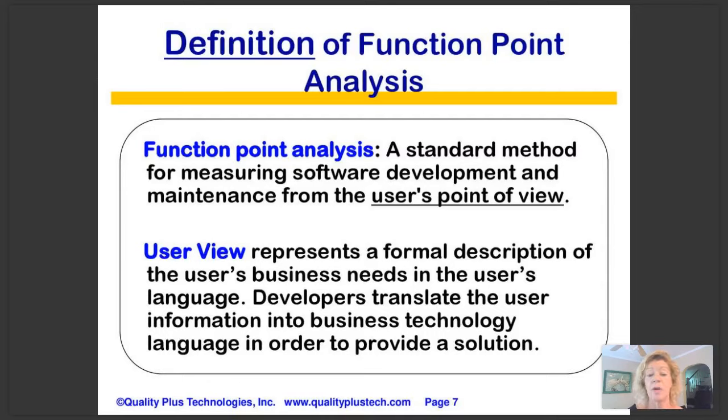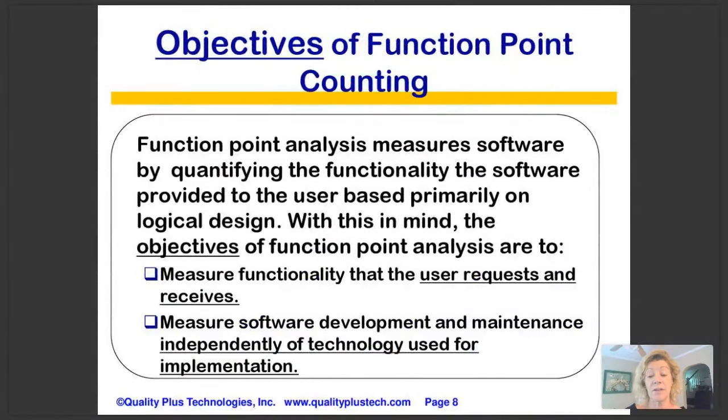The word user view is a term that represents the formal description of the user's business needs in the user's language. Developers translate the user information into a business technology language, in other words, to provide a solution. So when we're talking about function points, we're talking about things from the user's point of view, or the user view.